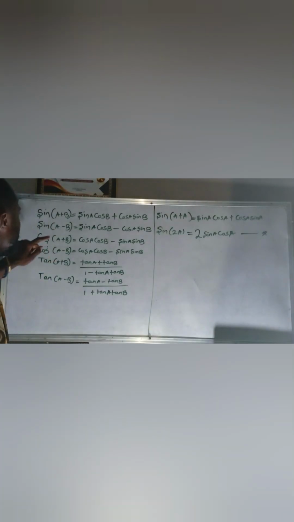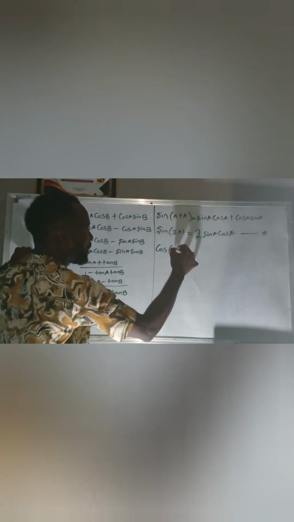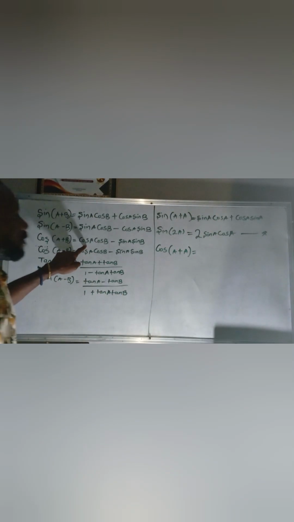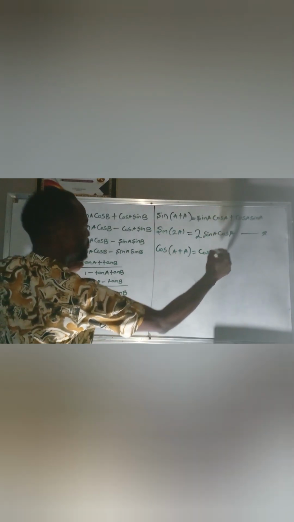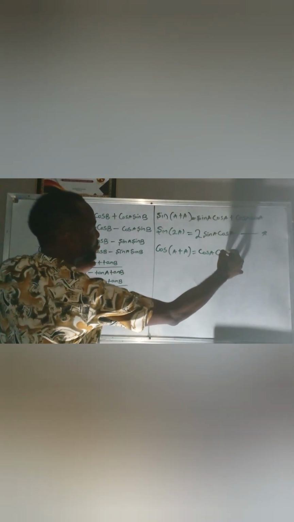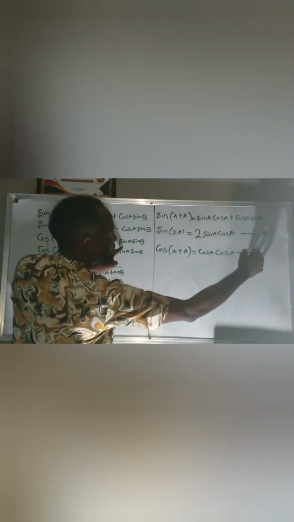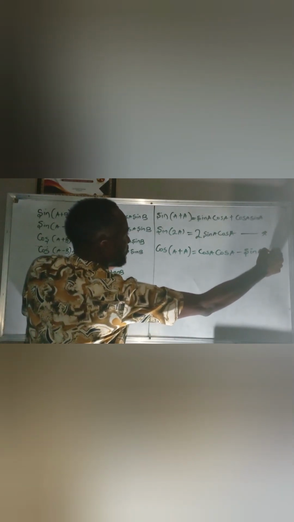Then if we are using this of the same degree, cos(A plus A) gives us cos A cos A minus sine A sine A. If you want to notice, this gives us cos A times cos A, just like saying 2 times 2, or 2 raised to power 2.